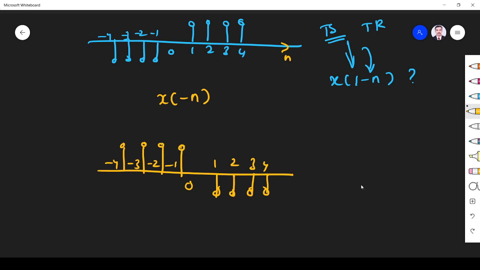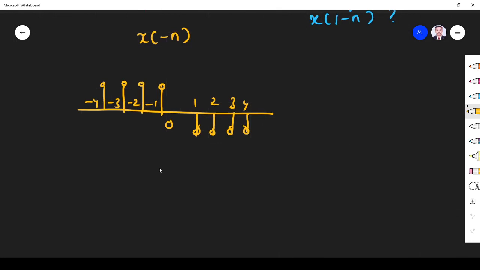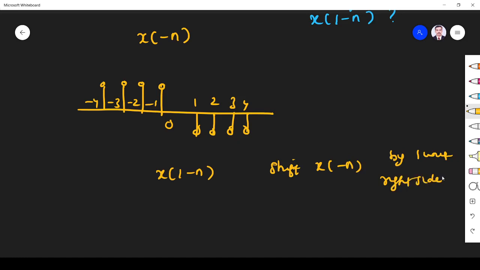Then what do we have to draw? x of 1 minus n. x of 1 minus n means shift x of minus n by 1 unit to the right. If it is x of n minus 1, we do it by shifting right.